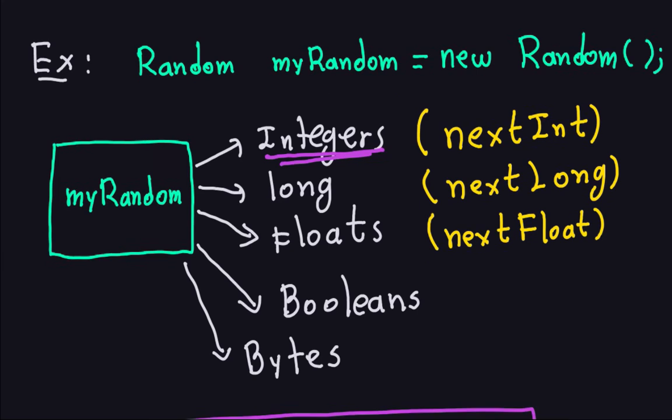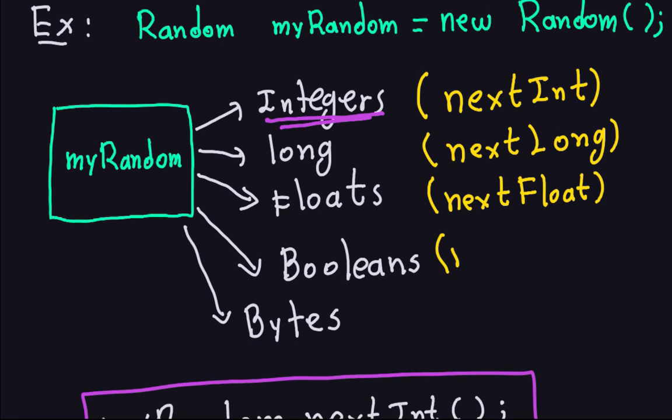And to generate booleans, you say next boolean with a capital B. The only one that is a little bit different is bytes. What you're going to see there is that next bytes will actually give you a byte array of pseudo-random generated bytes. So you have to provide the name of your array.